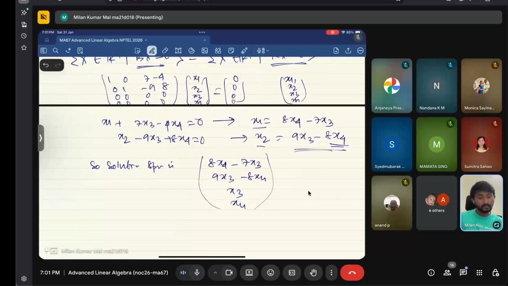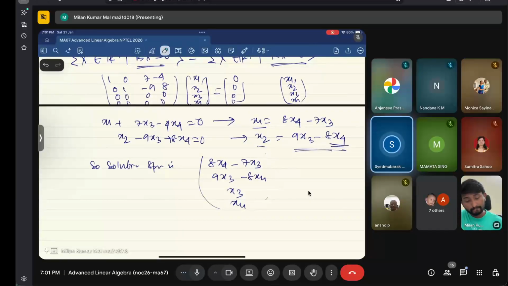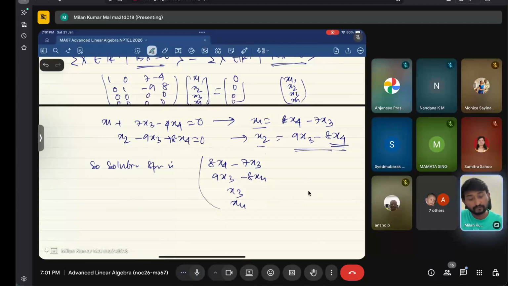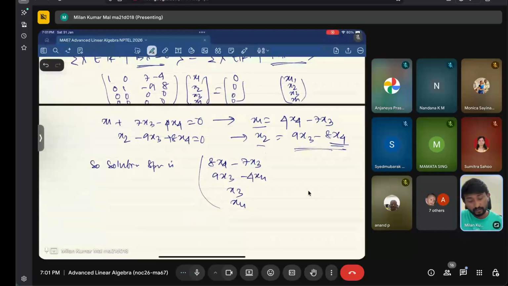This is a vector space. Sorry, thank you. Yeah, otherwise I would get the wrong answer. Thank you so much. 4x4 minus 7x3, 9x3 minus 8x4. I think you are correcting this one, right? I hope this is what it is correcting.